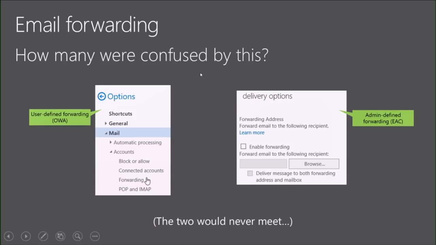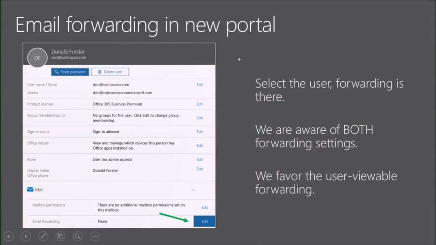So what we've done is, in the new admin portal, the forwarding setting is now available on both mailboxes and shared mailboxes. It is not there for resource mailboxes because we never supported that for resources. But the new portal is actually aware of both settings. So let's say you are an admin and you had set some of the forwarding in the EAC. Now you go to the new admin portal. It will actually be aware of both.